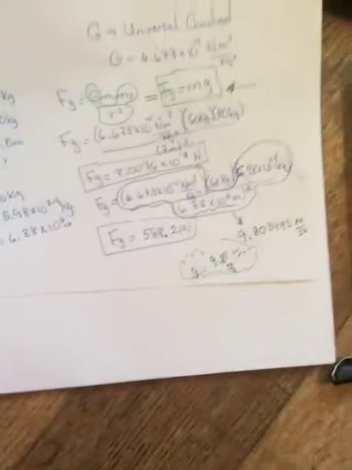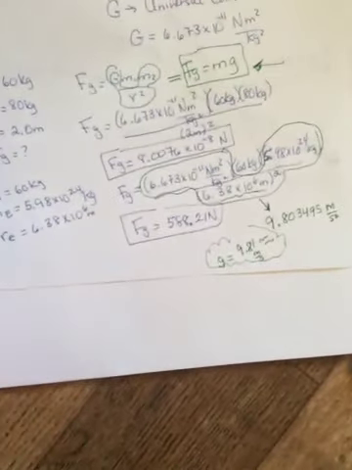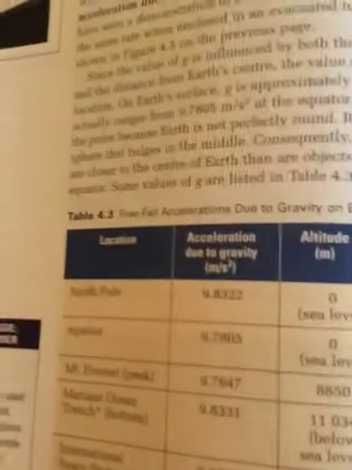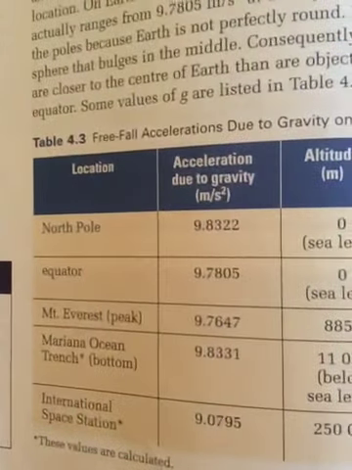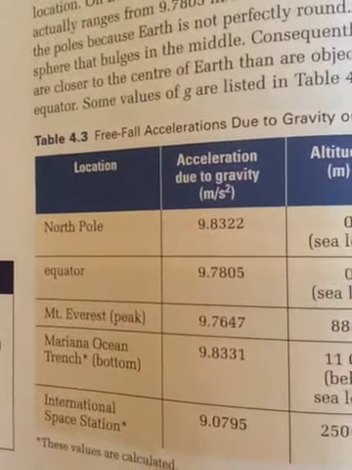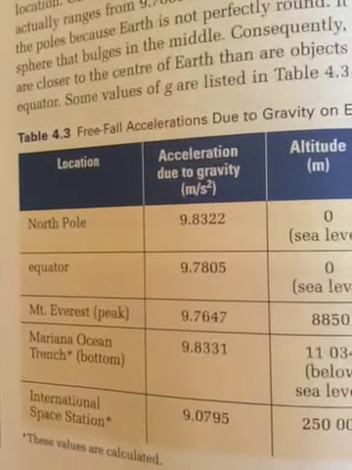So in your textbook, on pages 132 and 133, there are two charts. At the bottom of 132, there is a chart that shows you what the little g's are for different spots on the Earth, the North Pole, the equator, Mount Everest, because the height is different.